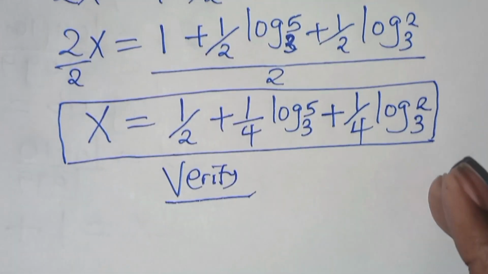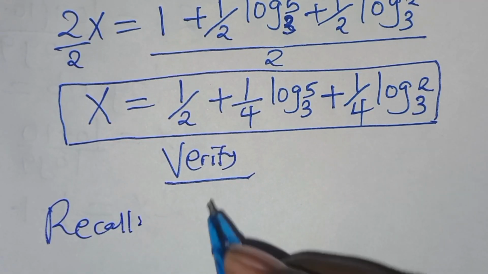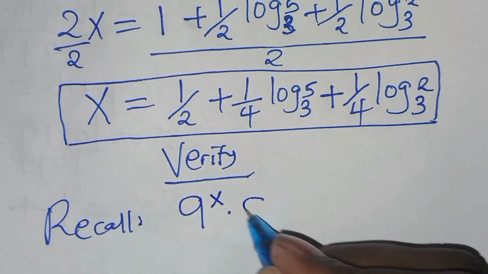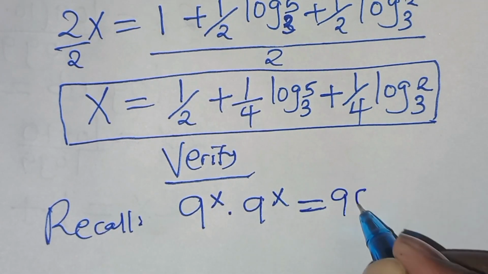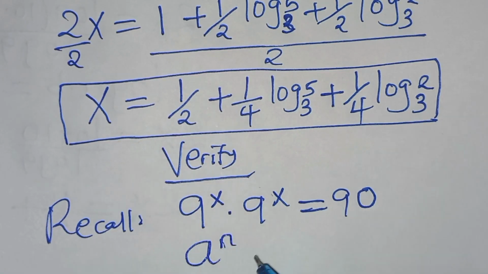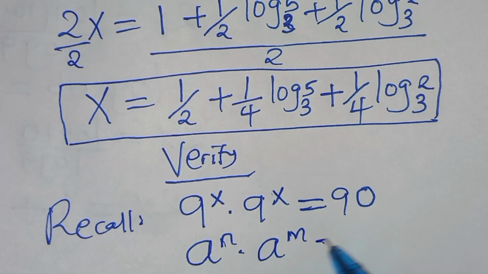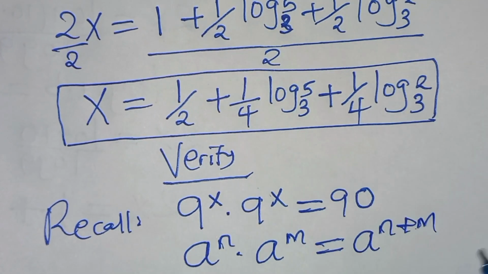Now, if you recall here, we have 9 to the power x times 9 to the power x, which is equal to 90. We are saying that this exponential equation is in the form of a to the power n times a to the power m, which you can express as a to the power n plus m.